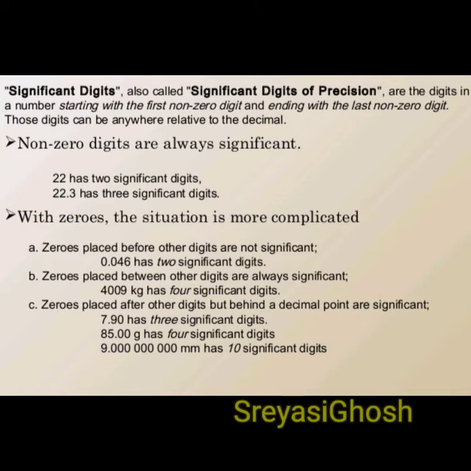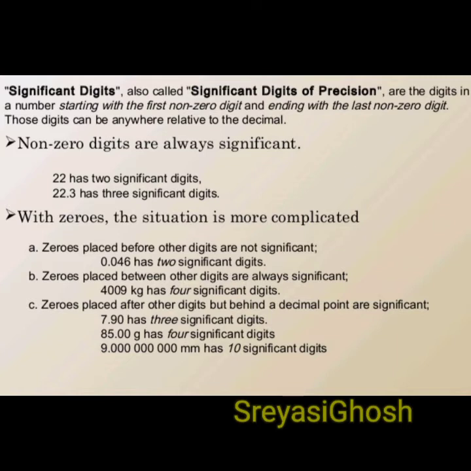Next, the problem will be a little complicated when 0 is incorporated into the numerical value. How does it create a problem? Please look at the 3 subdivisions given here. First is when 0 is placed before other digits. In this case, they are not significant.